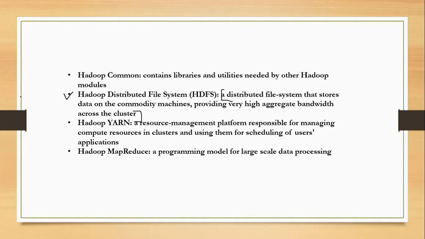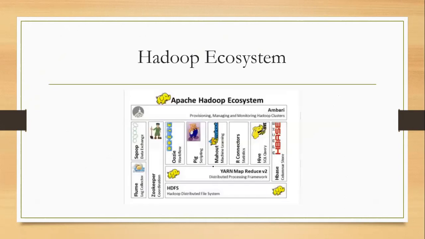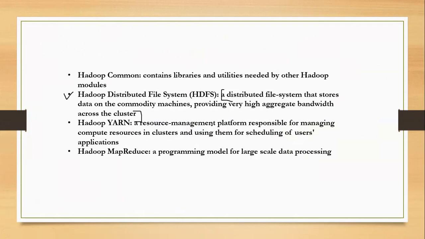Now we do have another service as Yarn. Now what is Yarn? Yarn is the resource management platform which is responsible for managing the computer resources across the cluster and using them for scheduling of user applications. We have seen one particular service, this is for the storage purpose.